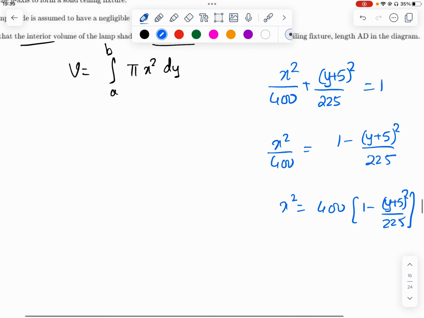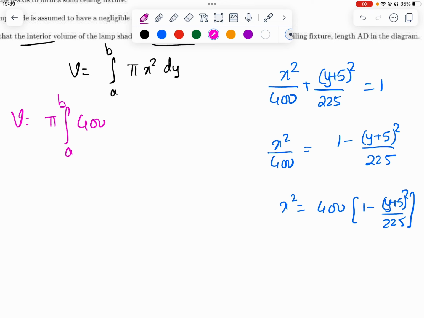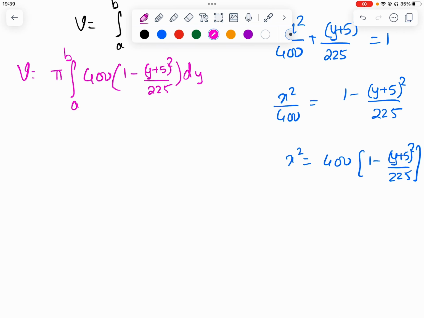So now my volume is going to be how much? Pi integral a to b x square, and x square is 400 times (1 minus (y plus 5) whole square upon 225) dy. This volume is going to be 6,000.